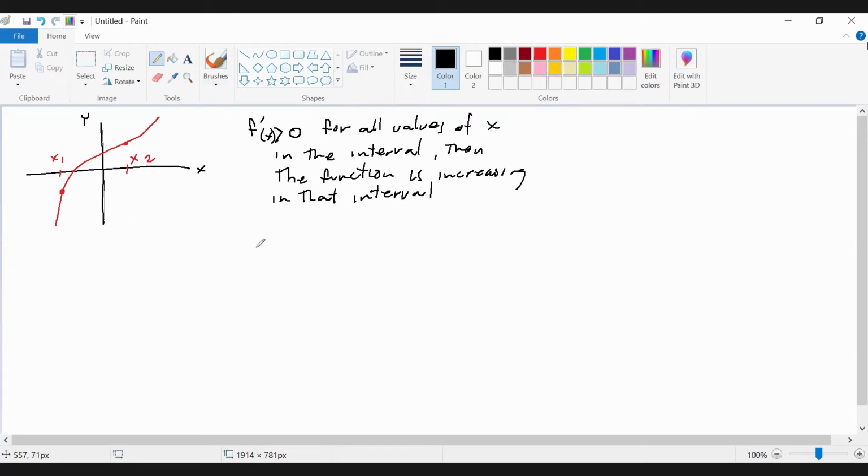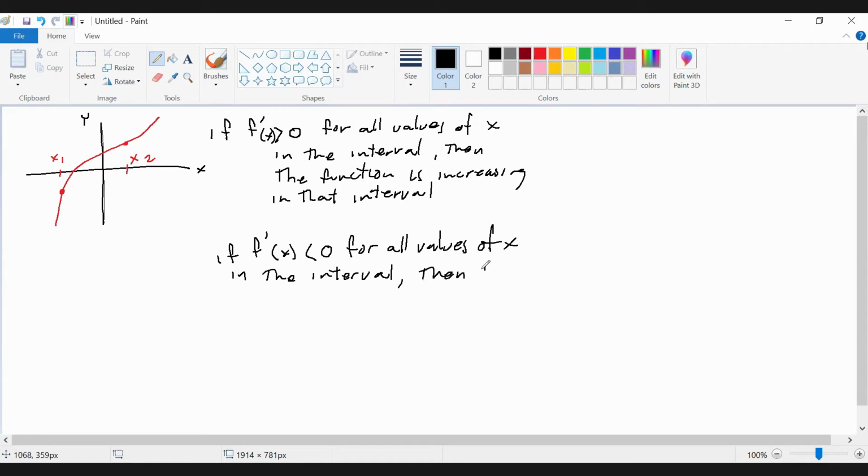The opposite of this is your decreasing function. So if you check your f prime of x and it is less than 0 for all values of x in the interval, then the function is decreasing in the interval.